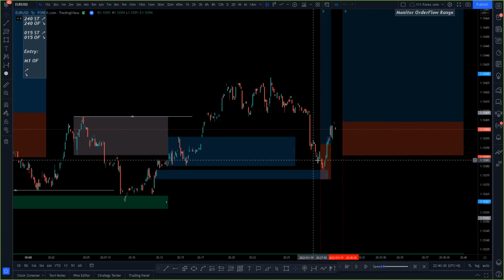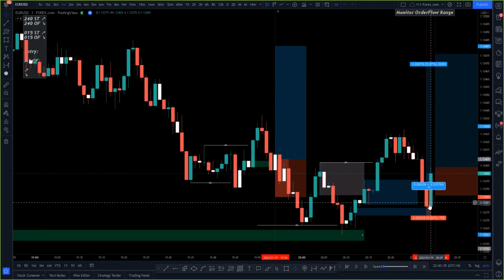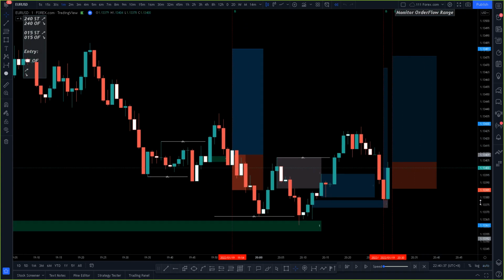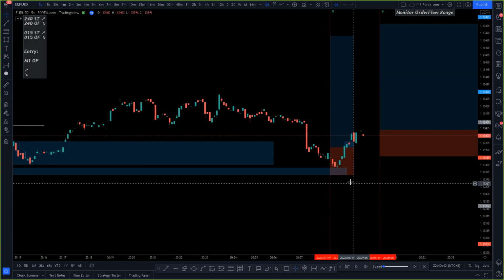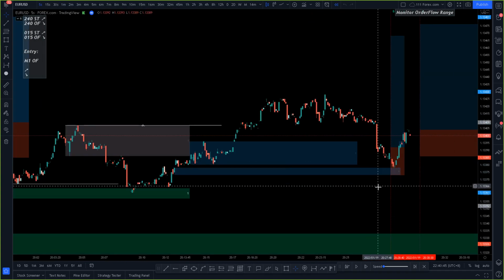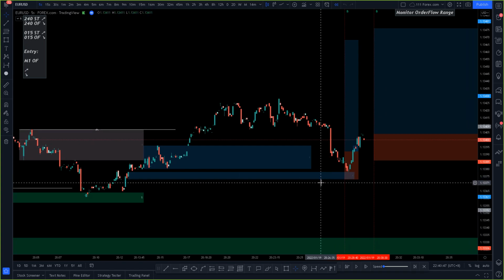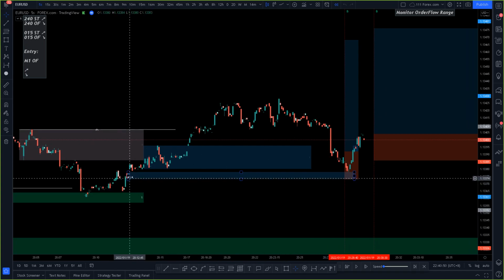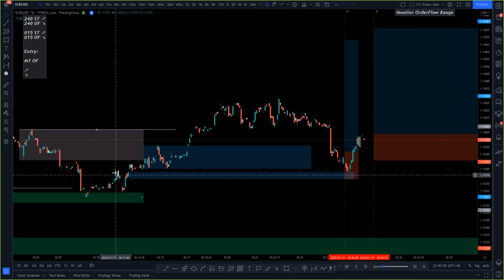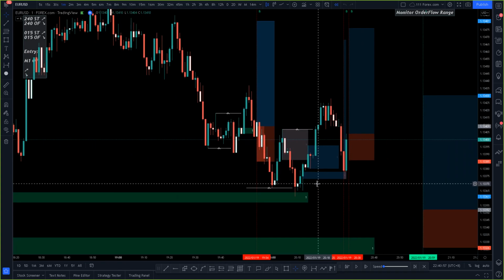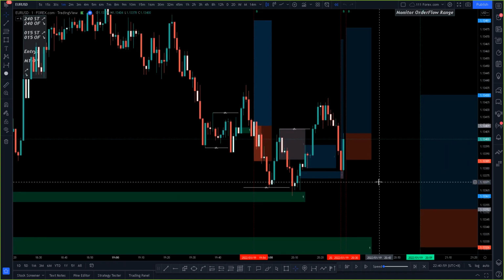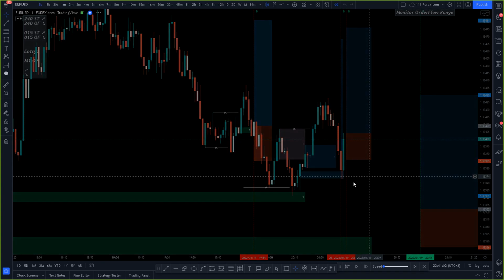I was entering right here because this was my extreme, so I just went. But the price on FX Pro took me out. It tapped into the lower one. Yep, I should cover more, right? But such is life.